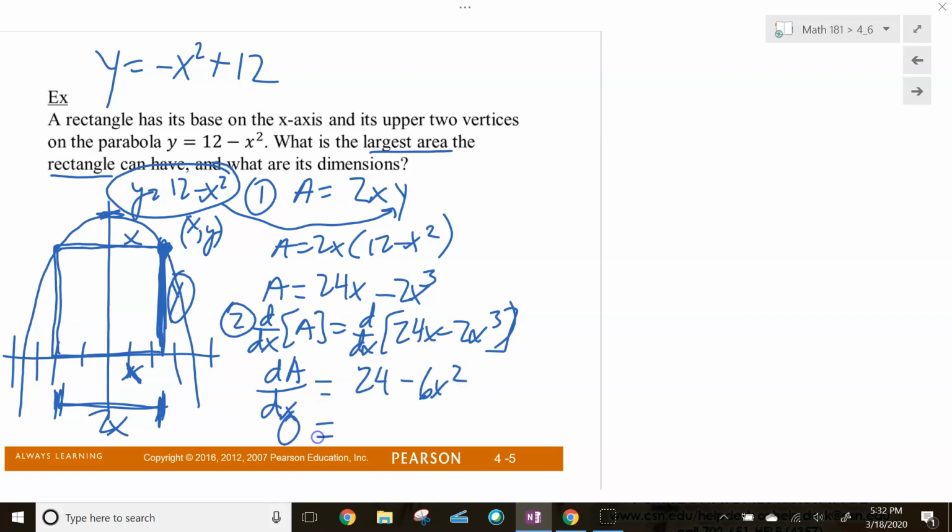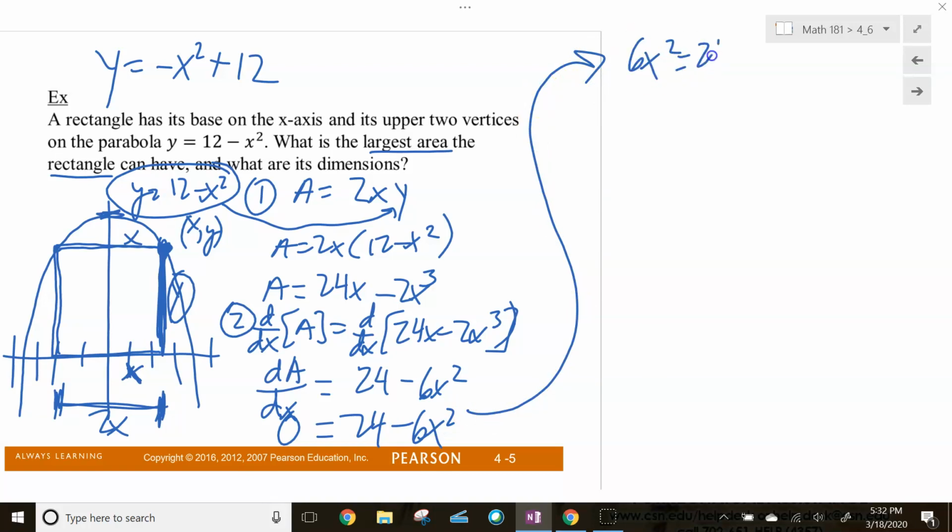I'm going to set this equal to 0. So 6x squared equals 24, x squared equals 4, x equals plus or minus 2. x is a length, so I know x equals 2.